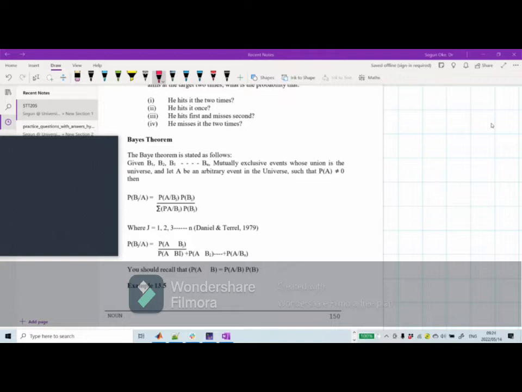such that probability of A is not equal to 0. Then we have what we call the probability of Bj given A. You still remember the definition for this.